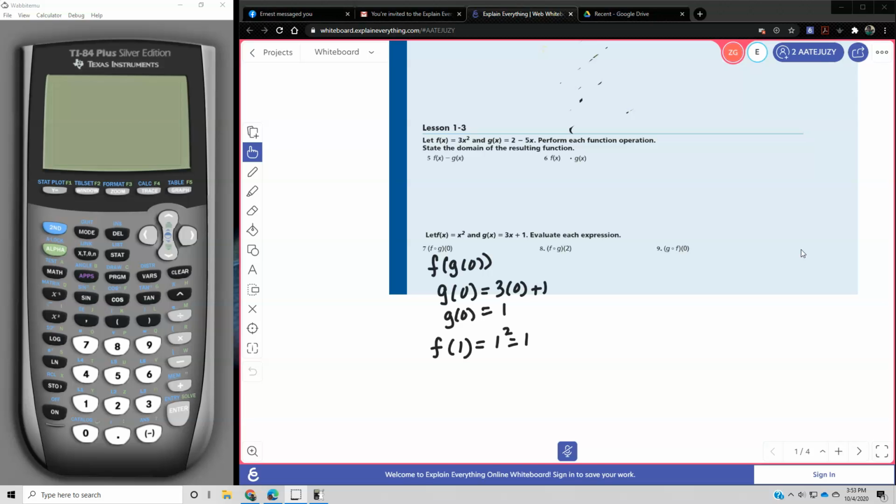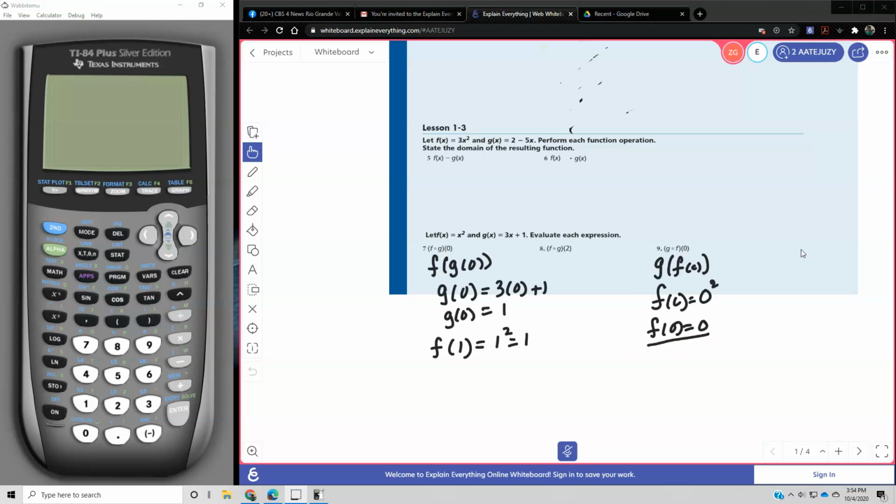We're going to go ahead and do number 9. We have g of f of 0. So we have g of f, we're going to evaluate f of 0. So it's 0 squared. So f of 0 is equal to 0.